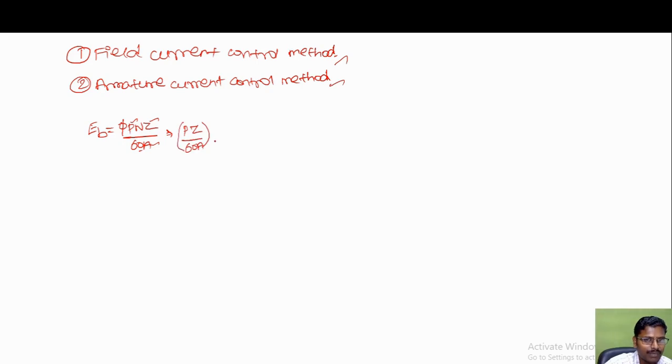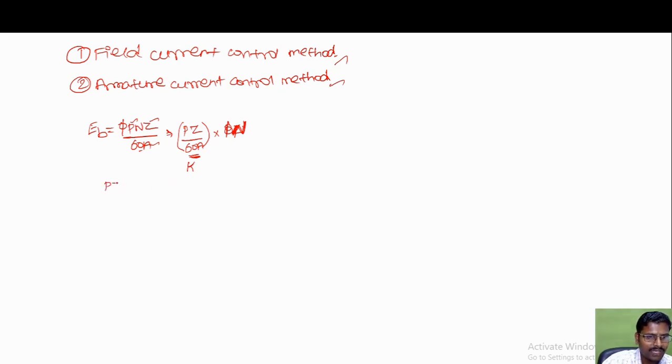These are the parameters that cannot be varied by the customer, and the parameters that can be varied by the user are phi and N, right? Phi N.